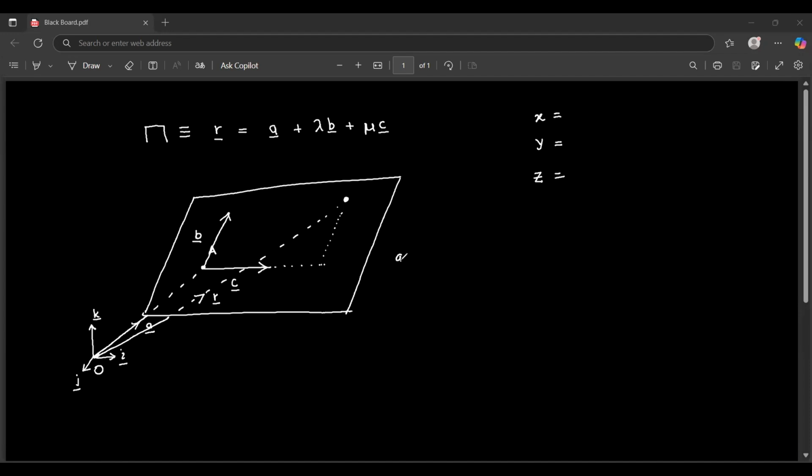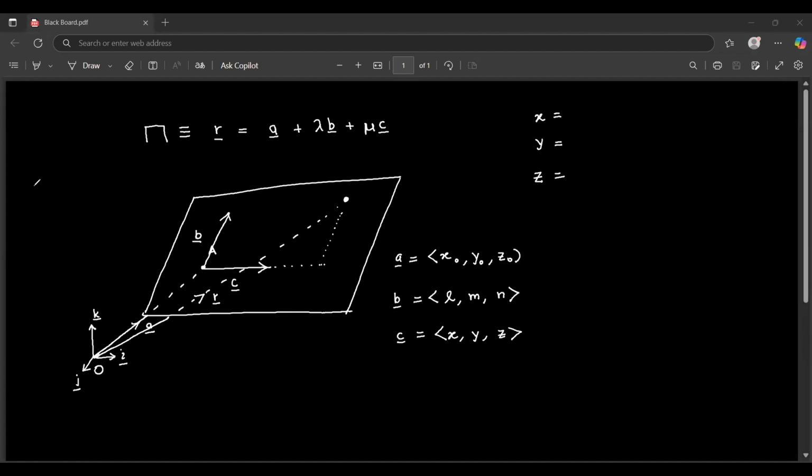Let's say a is given by x naught, y naught, and z naught. Let's say b is given by l, m, and n. And let's say c is given by p, q, and r. So we can't use r here, so I will go with x, y, z. Just x, y, z.